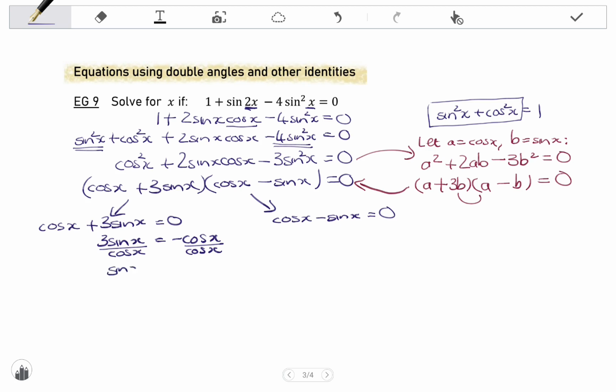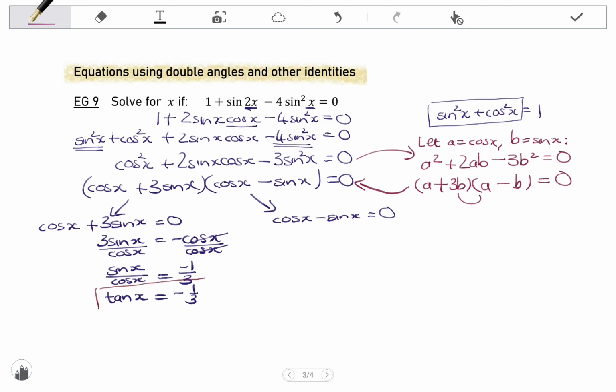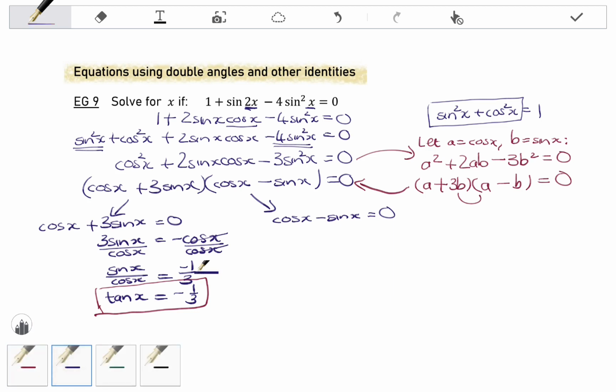So I'll have sin x over cos x equals, the cos x is cancelled there, so it's negative 1 divided by 3. Now sin x over cos x, we know from the quotient identity, is equal to tan x. Right, and now we have our one trig function equal to a value, so we can solve.